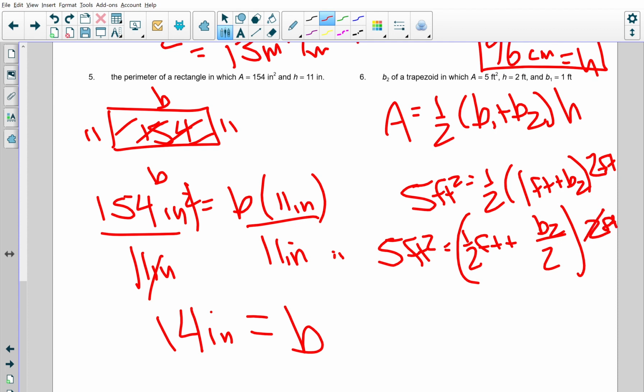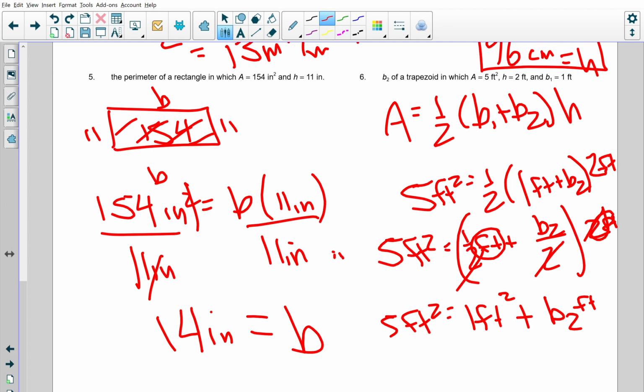That 2 distributes in and cancels with that half, and cancels with that half. So now we have 5 square feet is equal to 1 foot plus base 2 feet. And this is feet squared because that went into that. So when you subtract 1, what do you get? 4 feet squared. Divided by this foot gets that, which leaves me with B2.